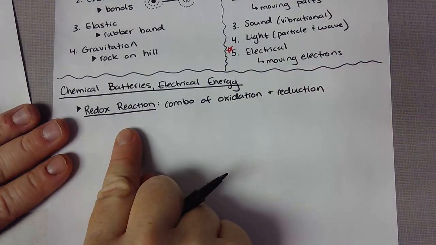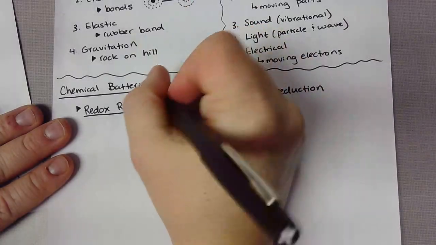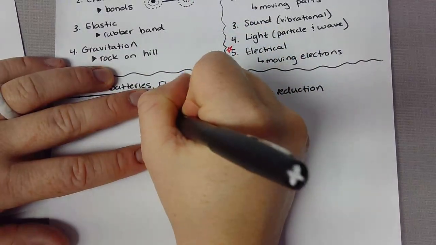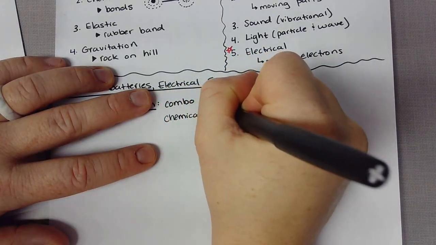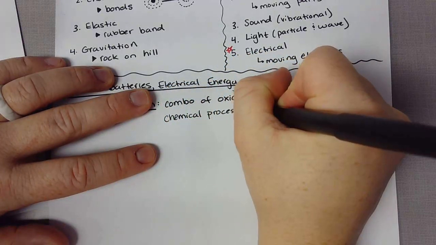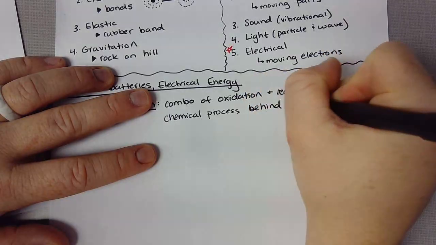A redox reaction is the type of reaction or the type of chemical process behind electrical energy.